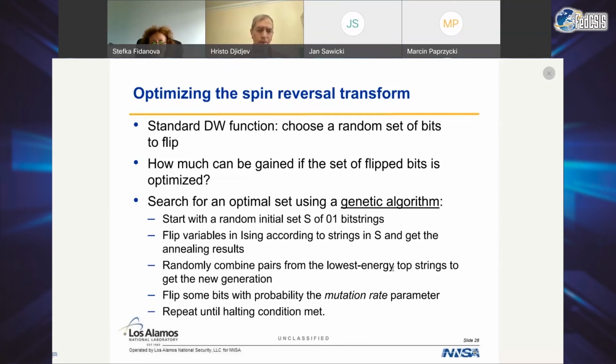And we have so-called mutations where we randomly flip a small number of bits, and it is just a standard genetic algorithm. So we repeat until some halting condition is met. And let's see on the next slide what results we get.